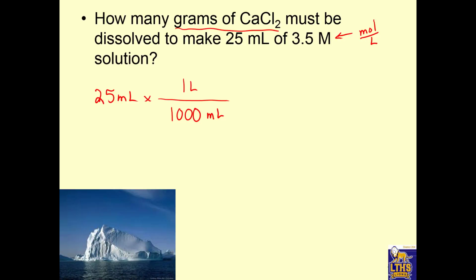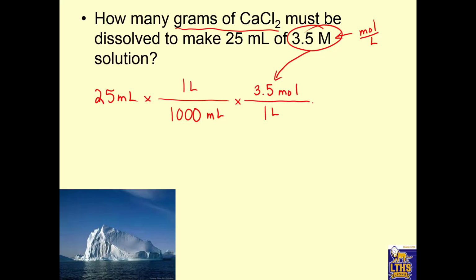Okay. Now, every time we have 3.5 moles, we have 1 liter. So I want to find out how many moles I have going in. So I know that 3.5 moles for every 1 liter of our solution is going to give us however many moles are in that 25 milliliters.